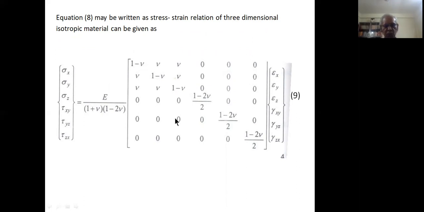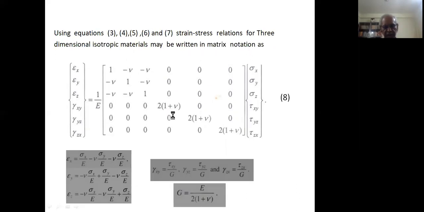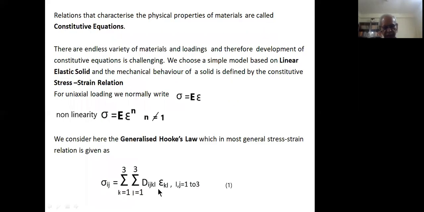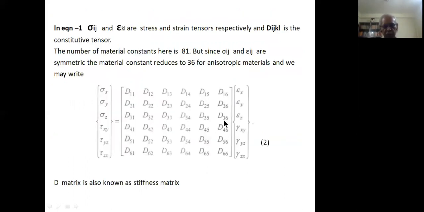So in brief, what we have learned here is that there are a stress matrix and a strain matrix, and they are related with a constitutive matrix or constitutive tensor. Now the constitutive tensor can be of different order, and the number of constants may be different. But usually for anisotropic material, we take a 6 by 6 matrix, and stress to strain is related by a constitutive matrix, and this is sometimes called the stiffness matrix.